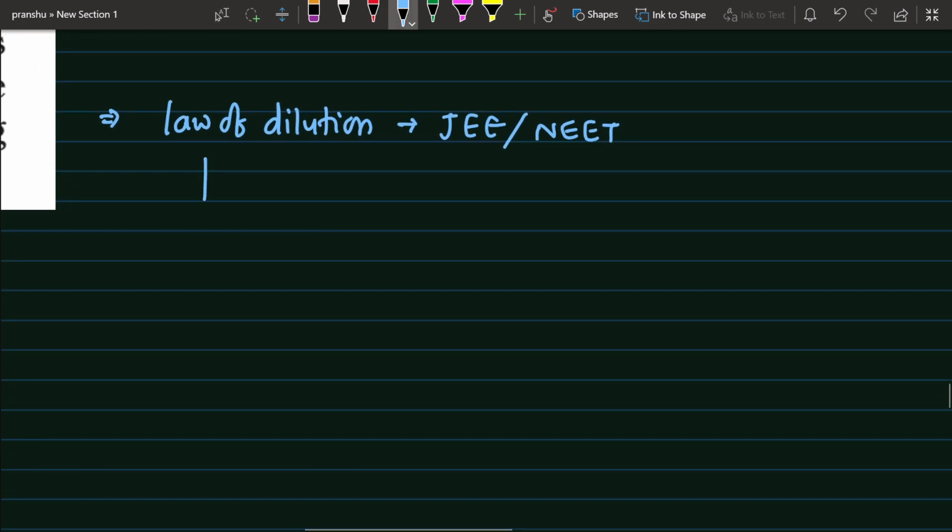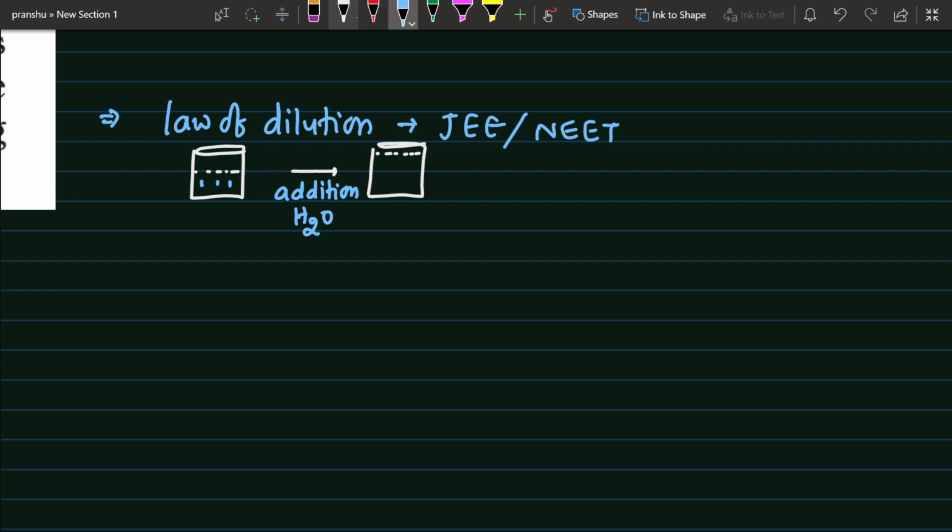Suppose that we have 5 particles, 1 2 3 4 5, up to this concentration, and if I am adding water and I have 1 2 3 particles, suppose that after adding water, we have an increased water level.